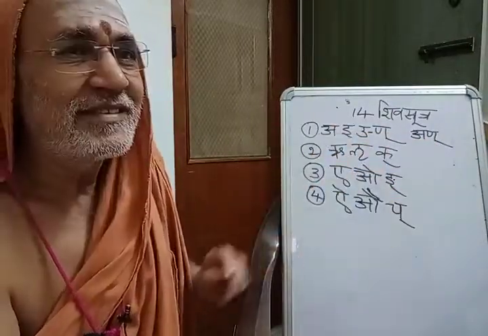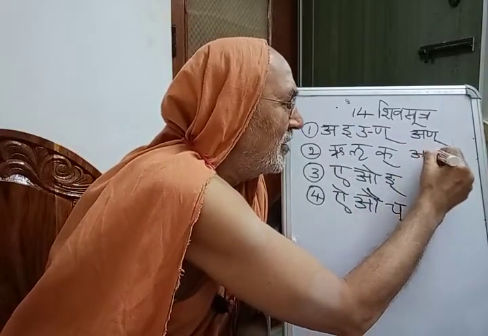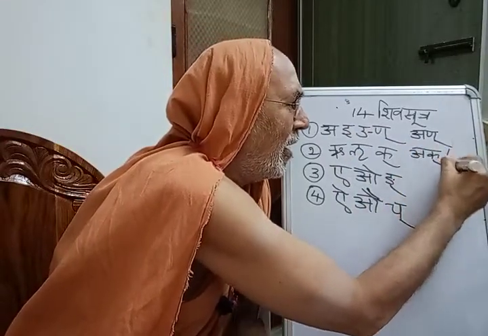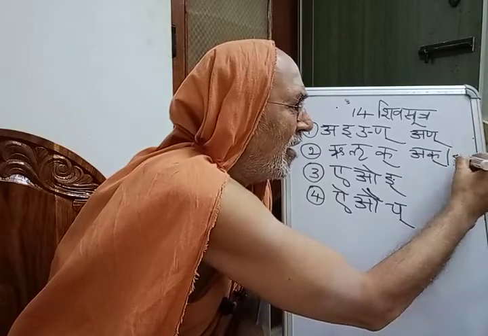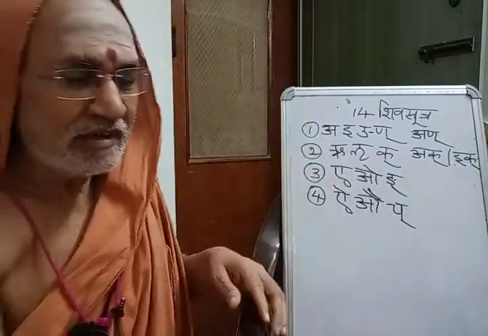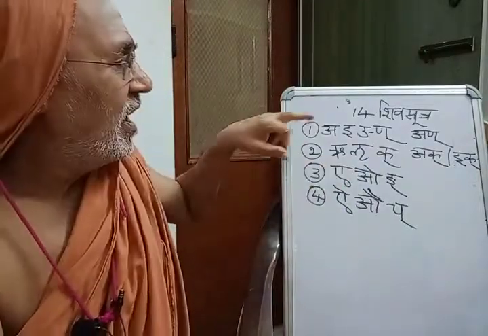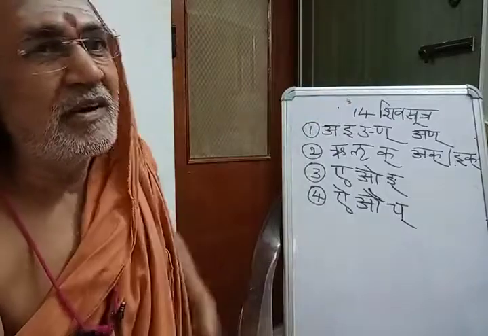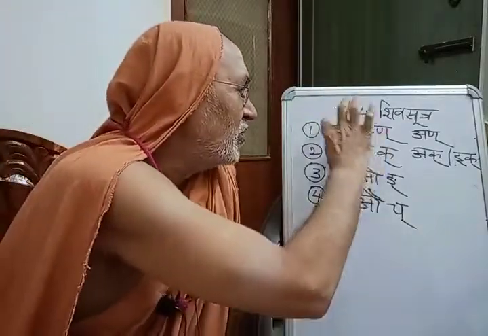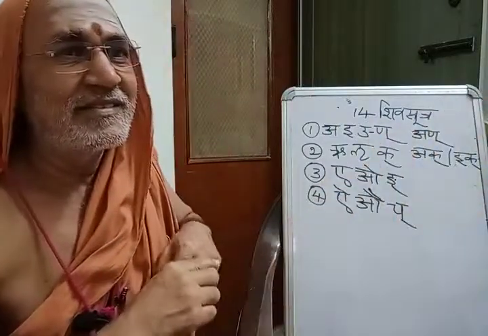Then ak, a plus ka. Either you call it ak or ik. Ak means a to ka. How many letters? 5. 3 plus 2. Na is not counted now. To represent these 5 letters, the abbreviation is ak.